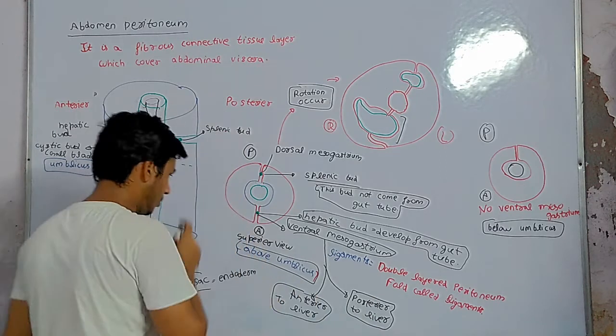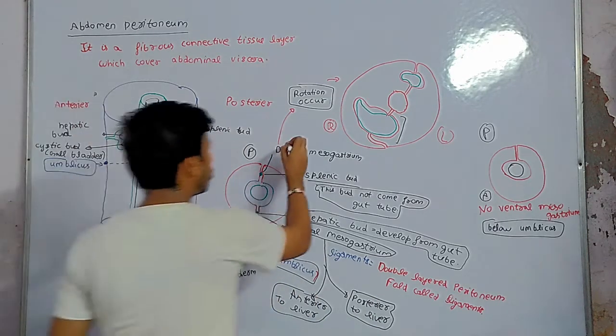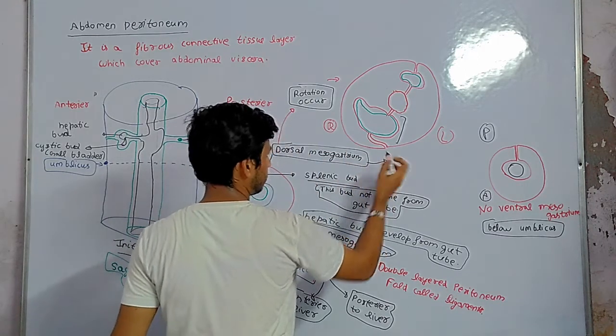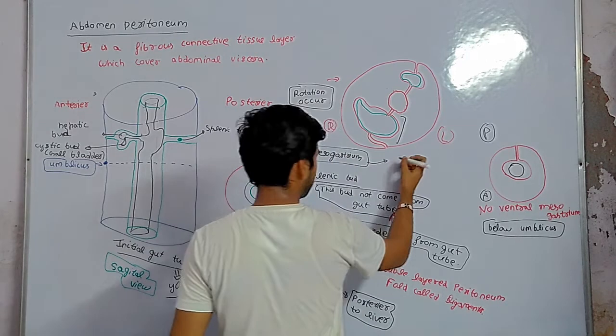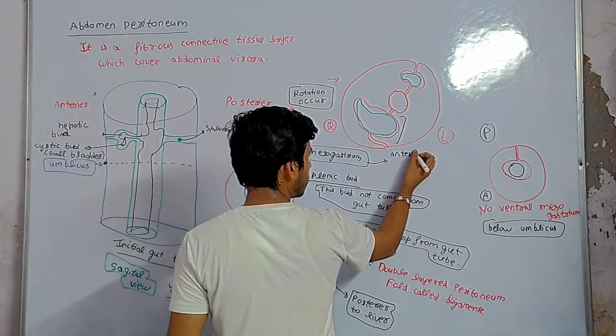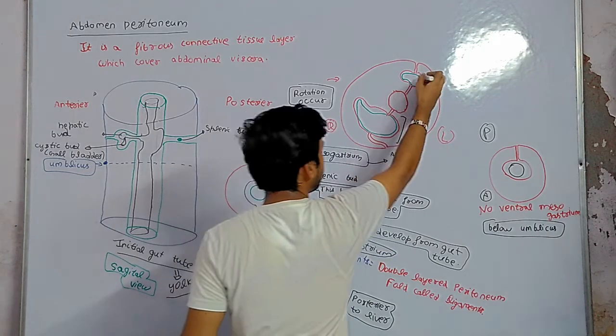And the dorsal mesogastrium is again divided into two parts: anterior to the spleen and posterior to the spleen. Remember, this is spleen.